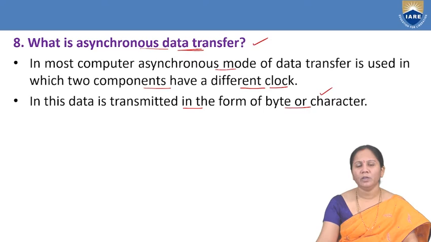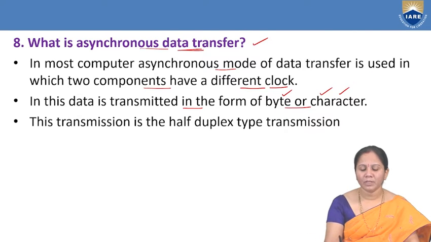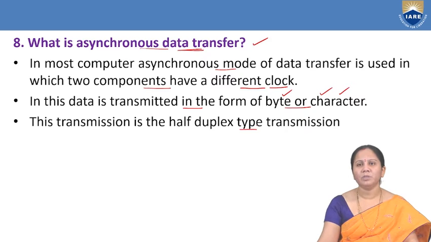So, in order to synchronize the transmitter and receiver, we include a start bit and a stop bit for the original data or character. This type of transmission supports the half duplex transmission type.